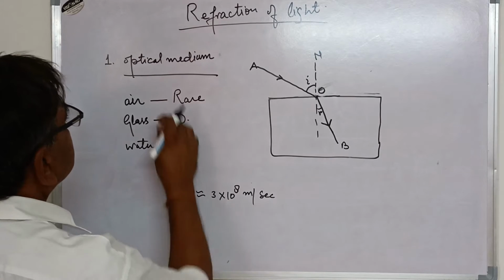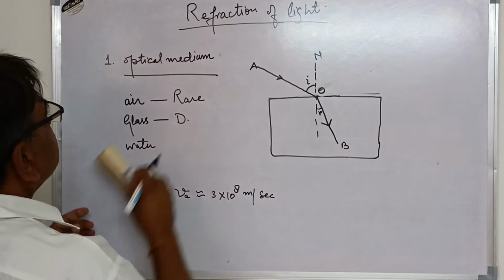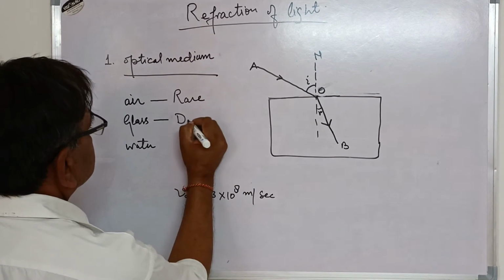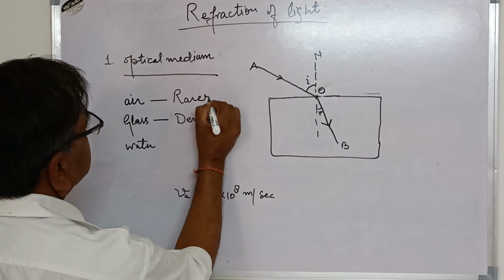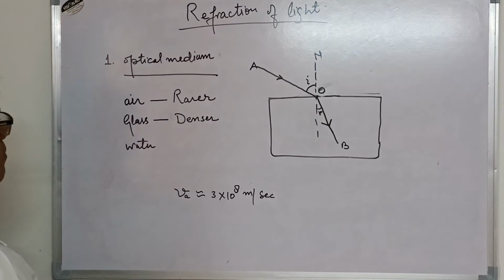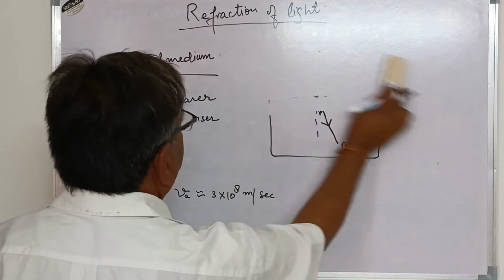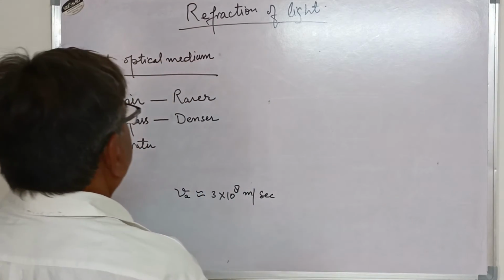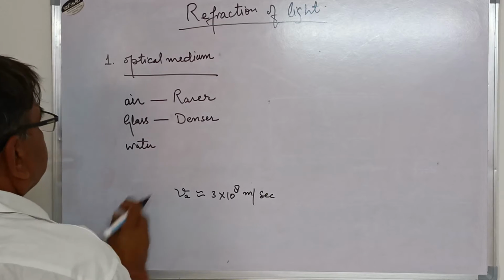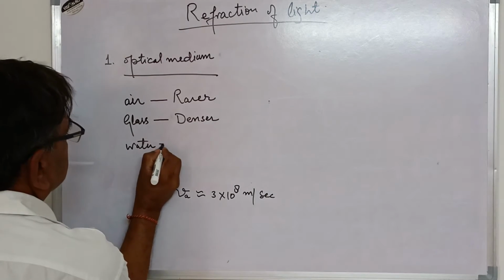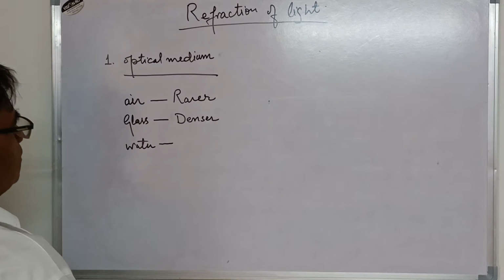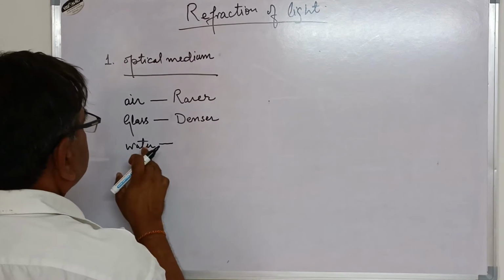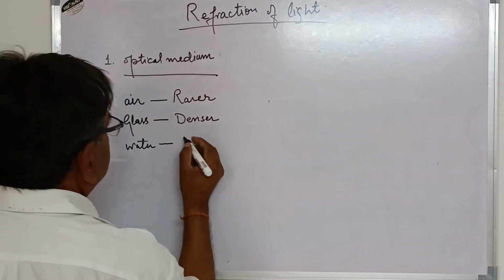We will use the terms denser medium and rarer medium. And water is denser as compared to air, but it is in between glass and air.